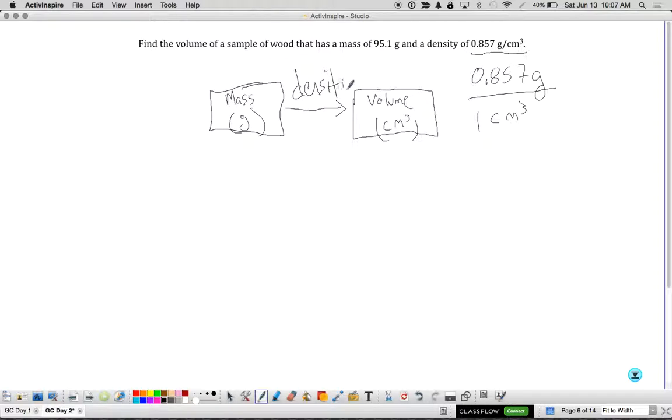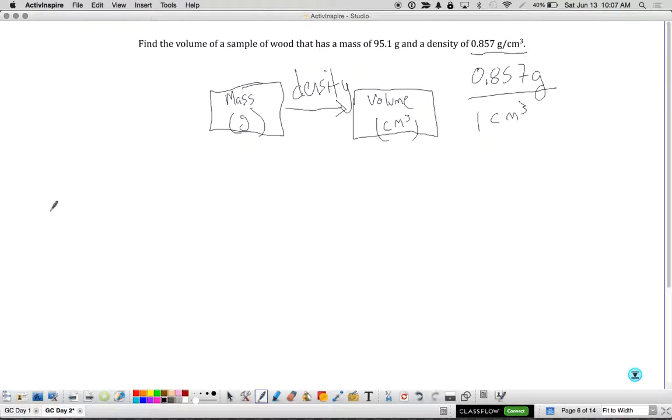You'll see me set things up a lot like this, where I plan backwards from what I'm trying to find, think about what conversion factors I have, and name my conversion factors. Now, this is just a dimensional analysis problem.